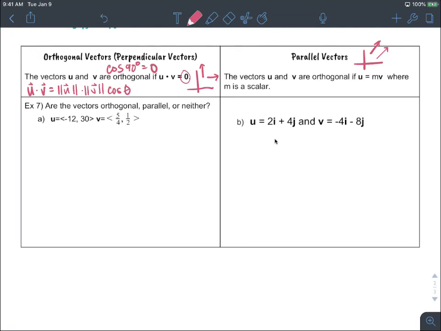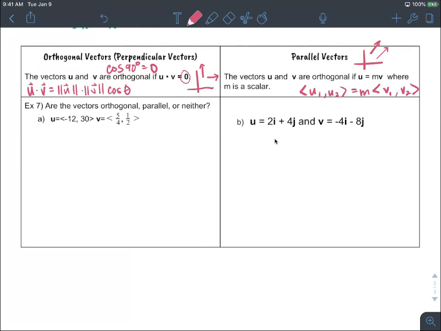So when I multiply by the magnitudes, this is just going to give me 0 anyway. The rule for parallel vectors is a little bit different. If the components of u, u1 comma u2, are equal to the components of v1, v2, but scaled by some number, then we know that the vectors have the same slope, so they are parallel.